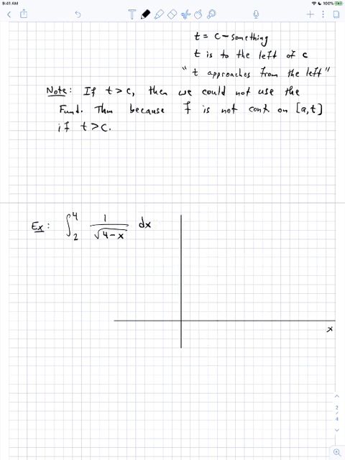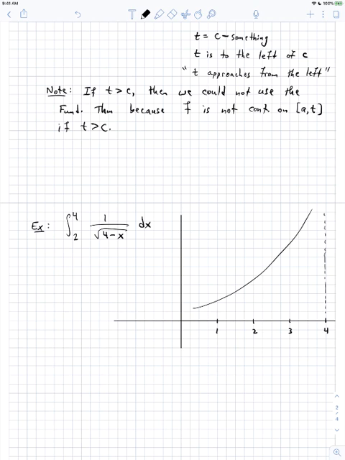But if we graph this, so let's say that this is 1, 2, 3, 4, like so, then the graph has a vertical asymptote here at 4, and then it looks like this. So it looks very similar to the picture that we have in mind.